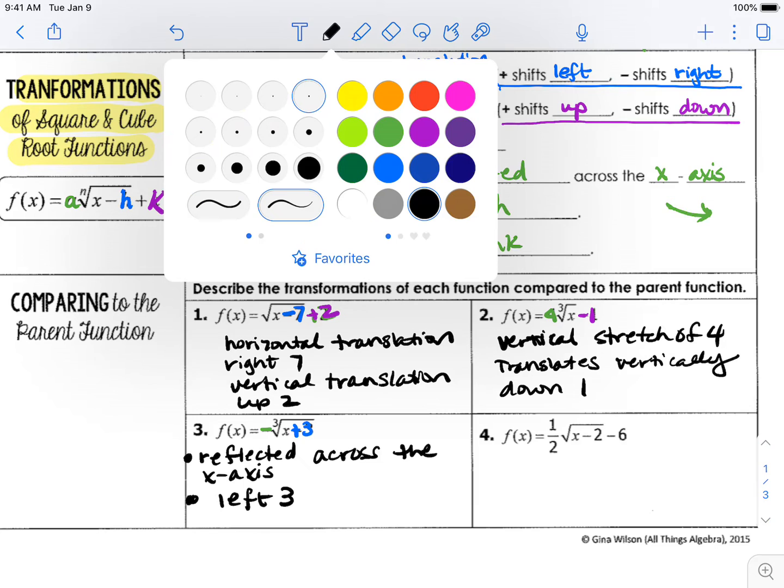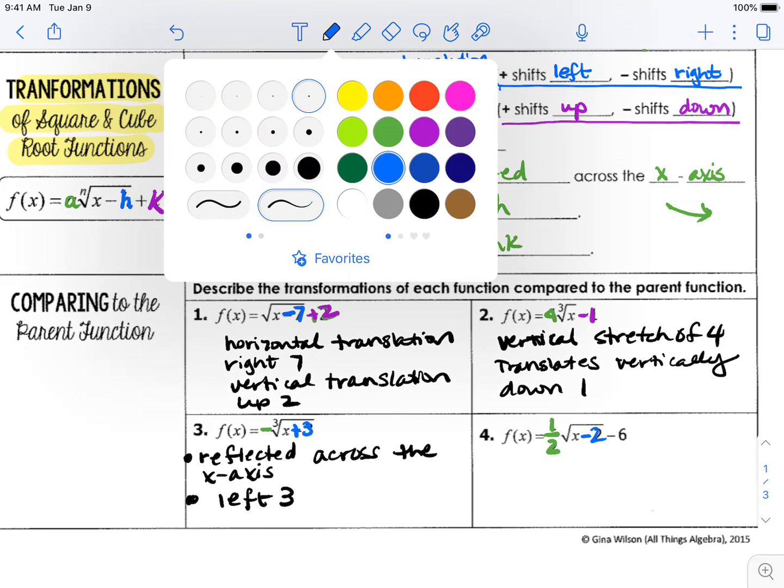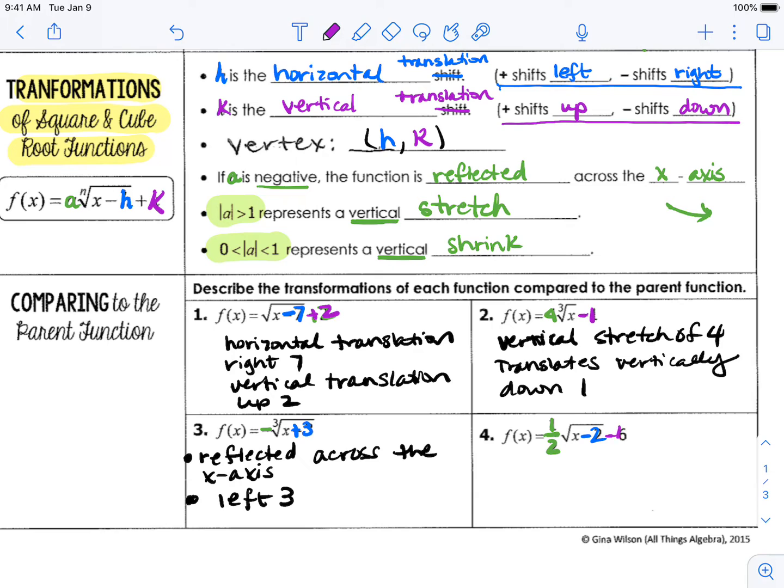And the last one here, I have this 1/2 out front. I've got an H of -2, and I've got a K of -6. That's going to tell me that I am shrinking.